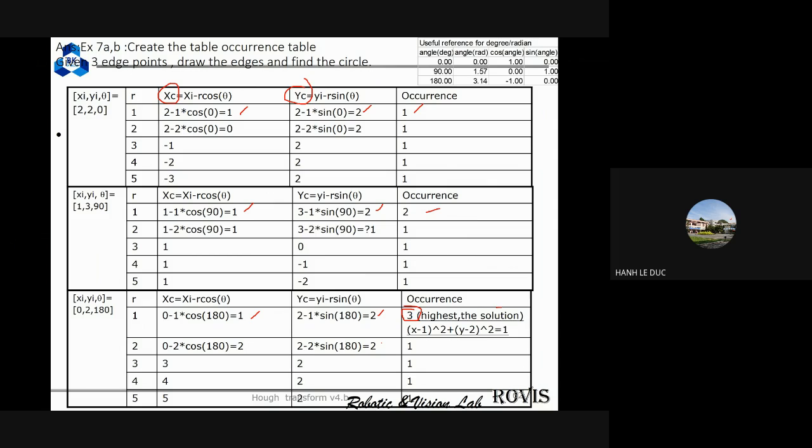The remaining numbers just appear one time. So the highest voting, from here we know that xc, yc is 1 and 2, and the radius of the circle is 1. Okay, so this is how to do the Hough circle.